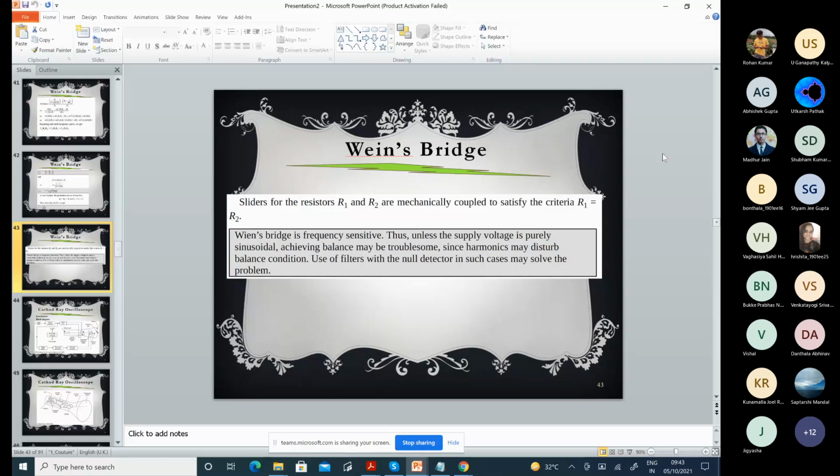How this measurement can be achieved, we'll discuss, and it will take maybe 2, 3 classes or maybe 4 classes. After that, we'll move to the measurement of physical parameters, such as the measurement of flow, distance, length, and strain. That also you need to know.